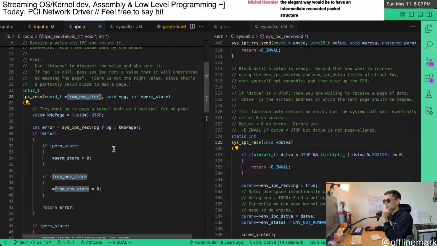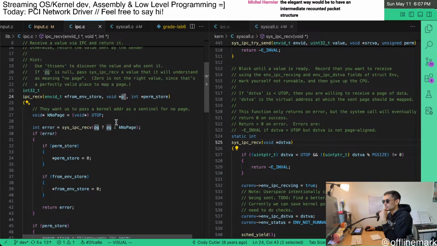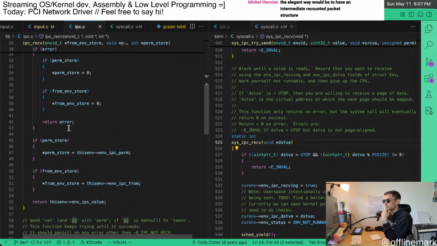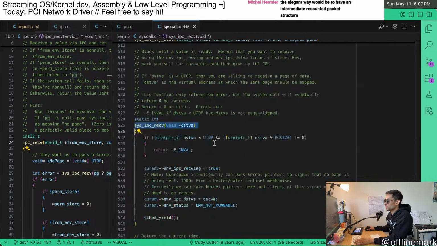So that's an output parameter. It's kind of hard to understand because we have all these output parameters. But the input parameter is this pointer, and that's the thing we pass into the system call. Okay. And what do we do with this again? We validate it.